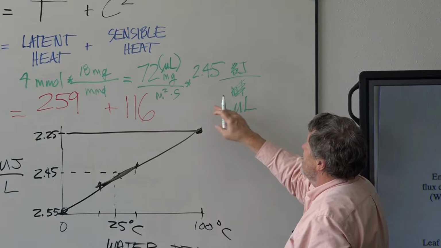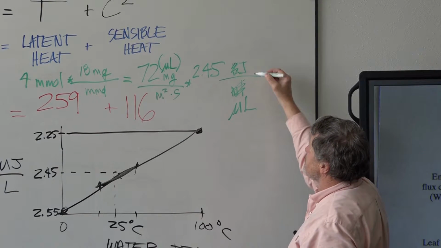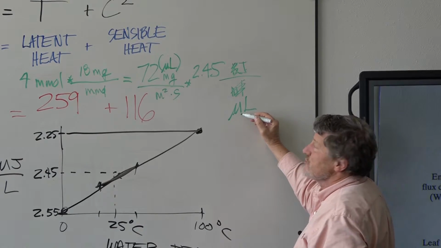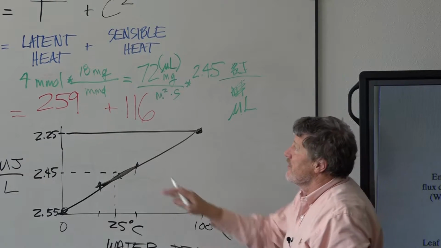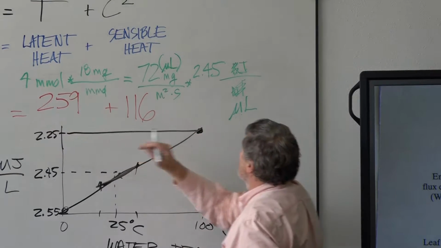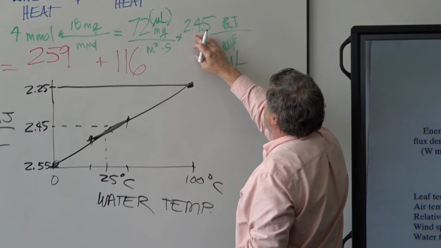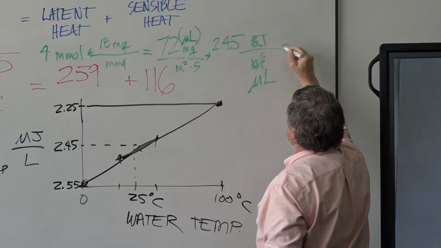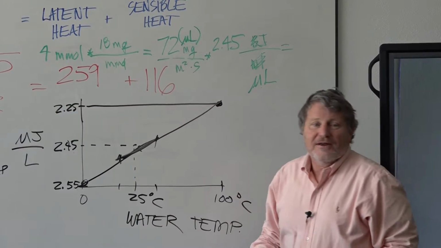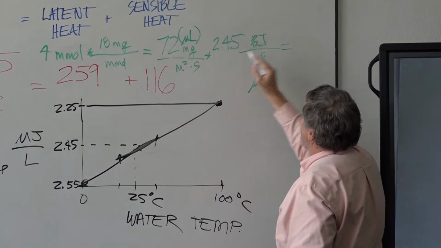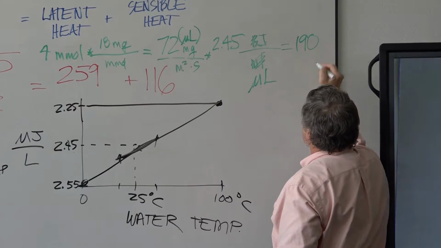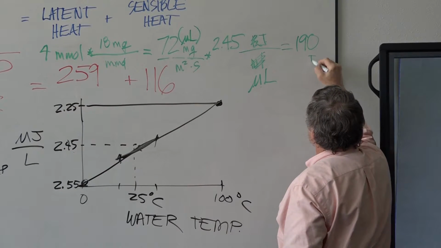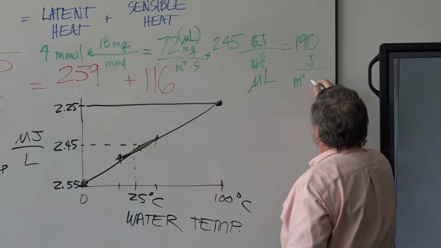So the latent heat of evaporation, conversion of units, 2.45 joules per microliter of water. This is the measured transpiration rate. Now what do we get here for joules? 140. Anybody want to do the math? It's going to be about 190 joules per meter squared per second.